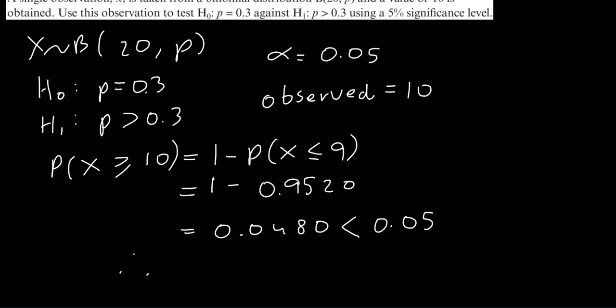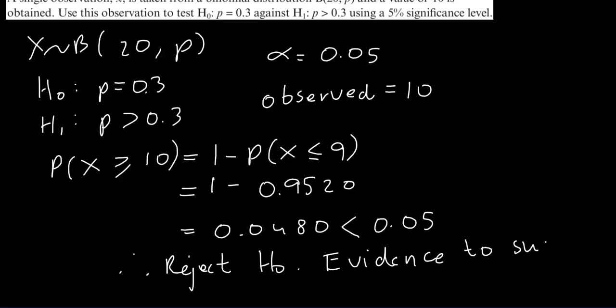Therefore we reject H0. There is evidence to suggest that p is greater than 0.3.